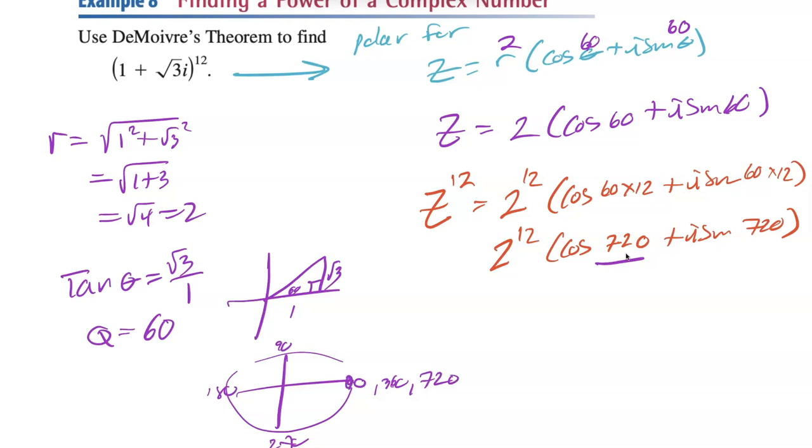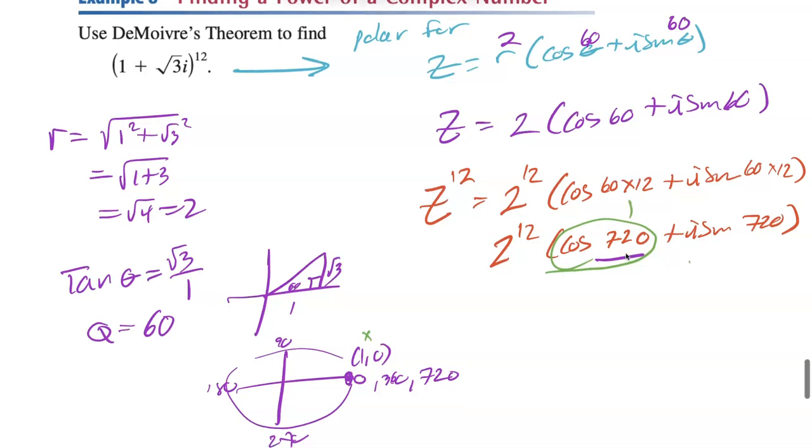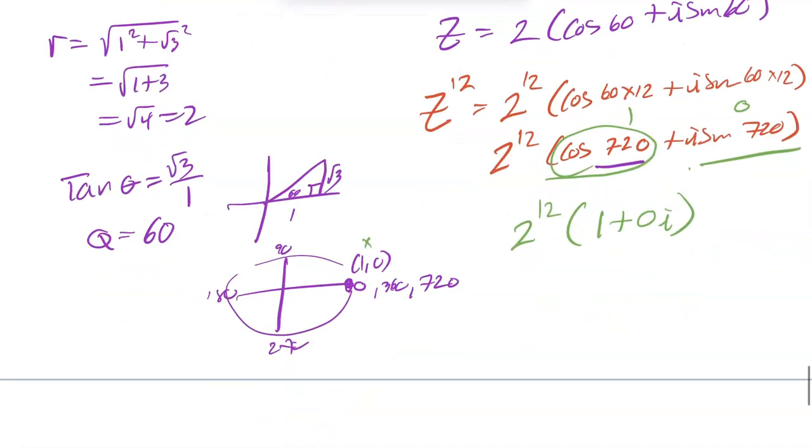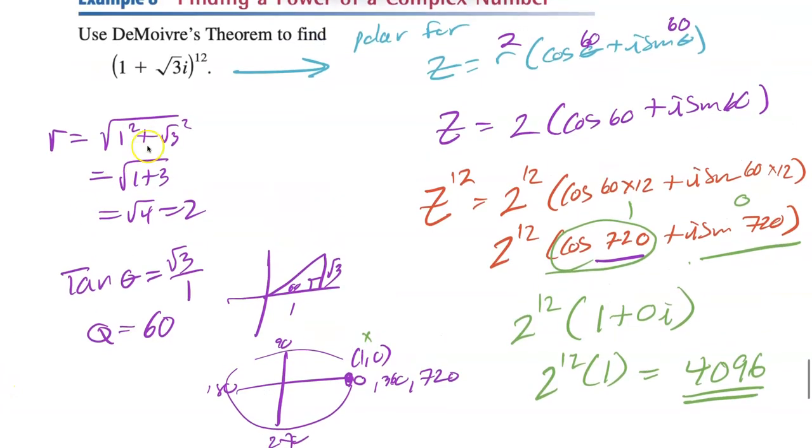So that point there is 1, 0. So x gets 1, and y gets 0. So I get 2 to the 12th times 1 plus 0i. And that's basically just 2 to the 12th times 1, and that is 4096. That is this number to the 12th power, 4096. That's De Moivre's theorem, and that's the lesson.